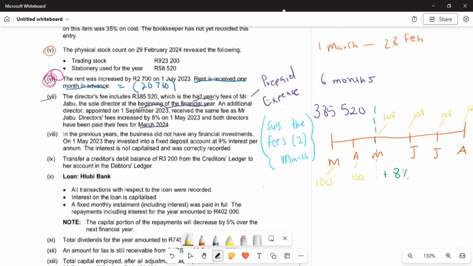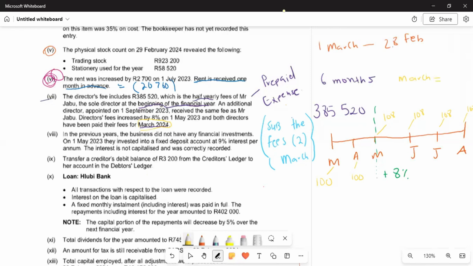Now remember, I'm trying to determine how much the director's fees were for March, how much we were paying each director in the month of March. If our director's fees increased as of May, it means that in March, which are the fees we're trying to determine, there was already an increase.